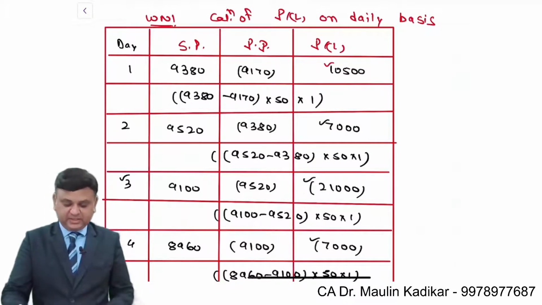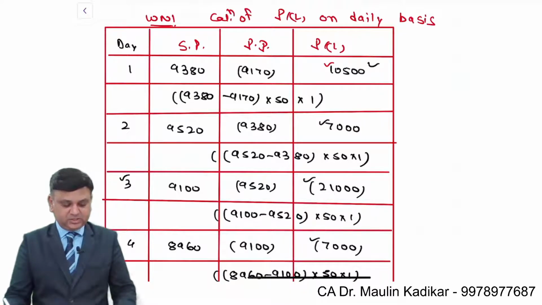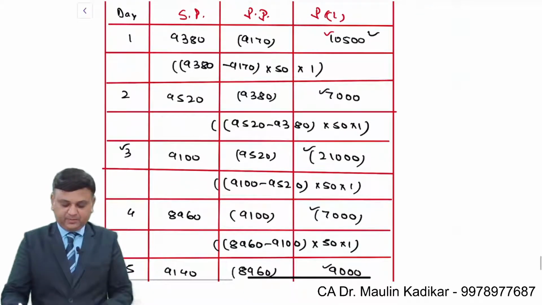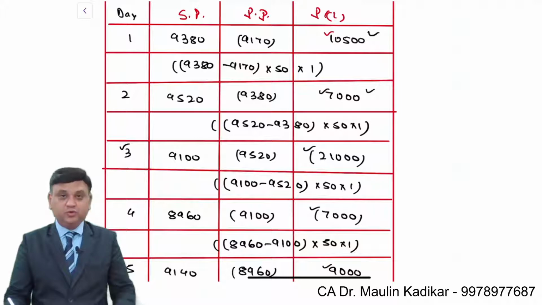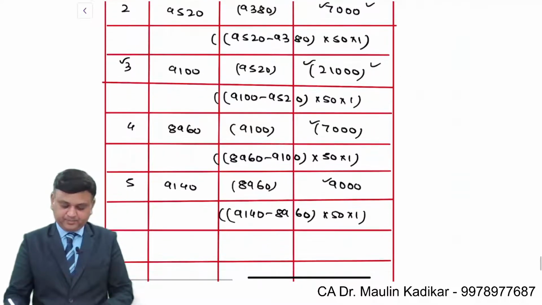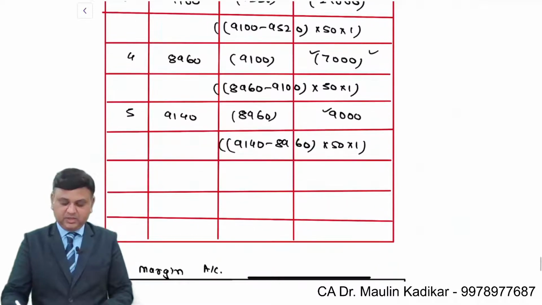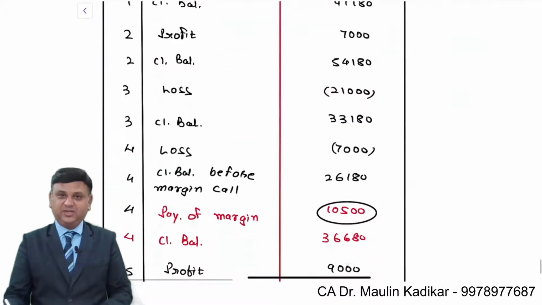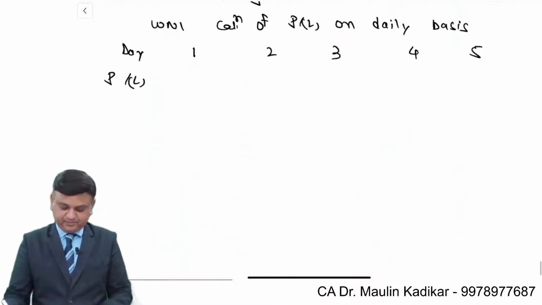The profit of 10,500 will be converted into loss. Profit of 7,000 will be converted into loss. Loss of 21,000 will be converted into profit. Loss of 7,000 will be converted into profit. And profit of 9,000 will be converted into loss.